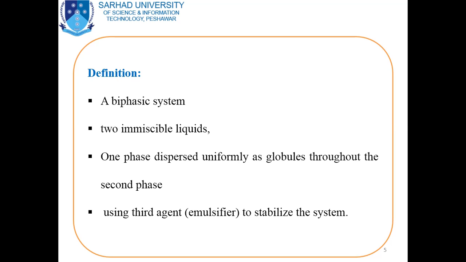The dispersed phase is also termed as internal phase, while the dispersion medium is also termed as external phase. There is no need for confusion between these terminologies, which are used synonymously: internal phase or dispersed phase, and external phase is dispersion medium.